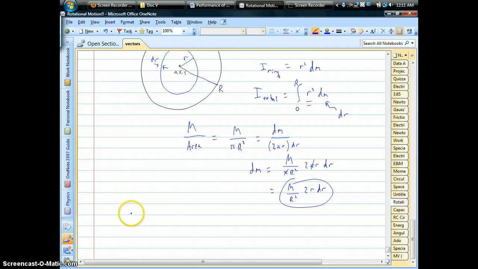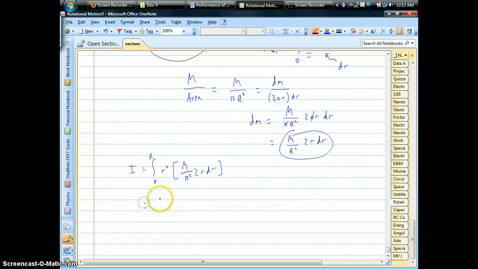And let's see what happens when we do that. So we're integrating from the center out to the edge. We have this r squared. And now we substitute total mass over big R squared, 2r dr. Let's pull out constants: 2 times mass over big R squared.